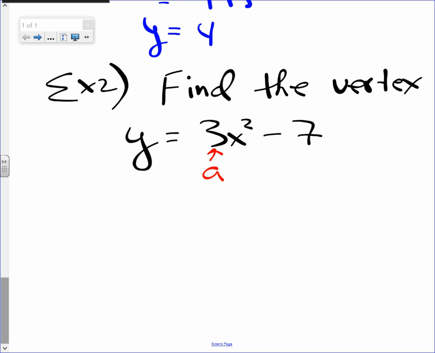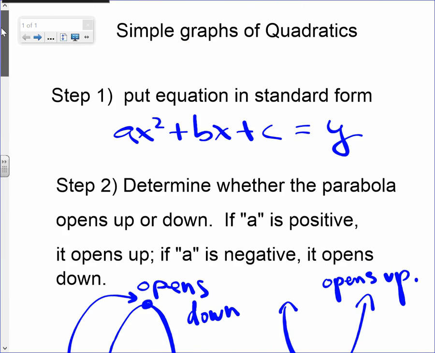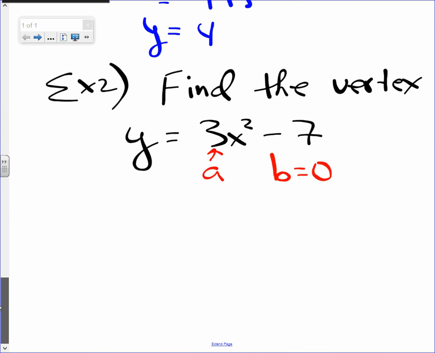So b is 0 then. Beware of that. There's no bx going on. So b is 0, and c is negative 7. Careful there now. And a is going to be 3.